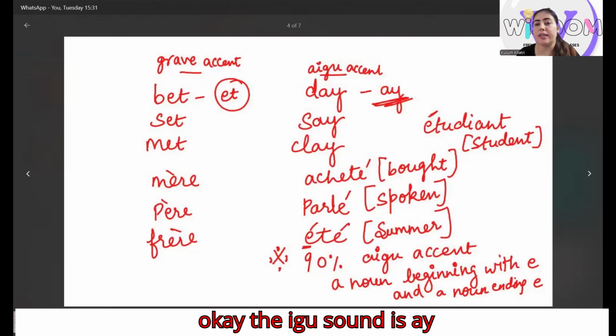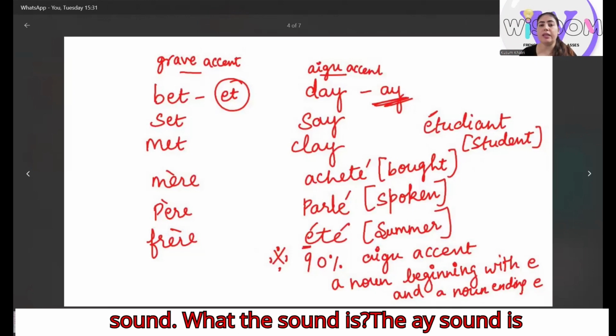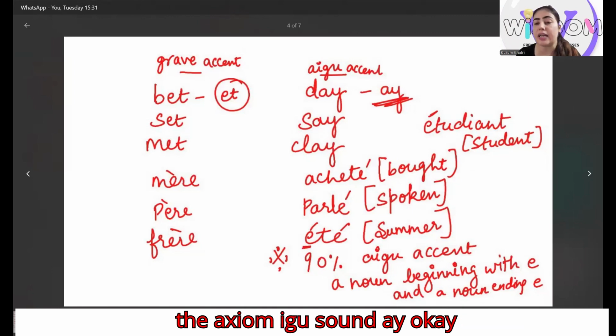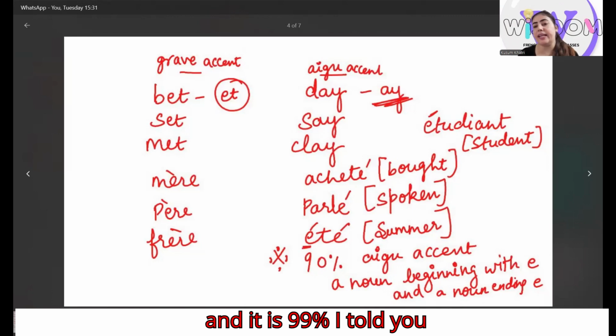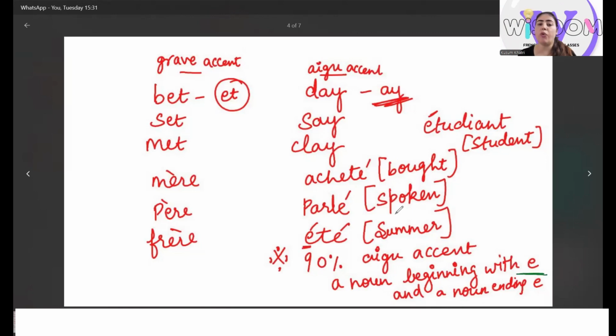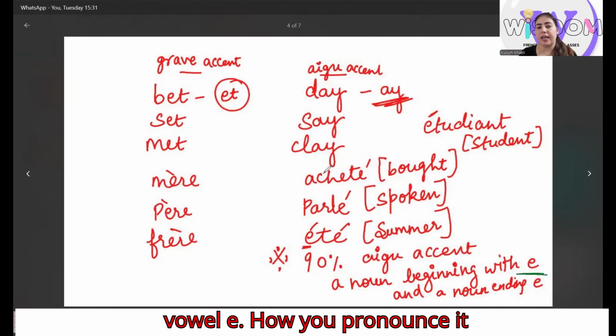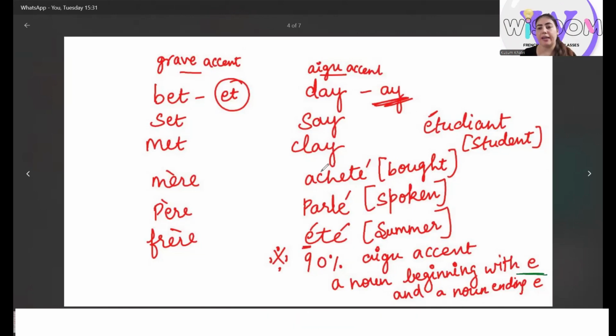The aigu sound is the AY sound. And it is 99%, I told you, on the vowel E. How do you pronounce it? Acheté, parlé, thé.